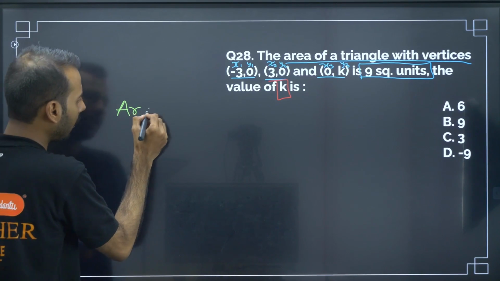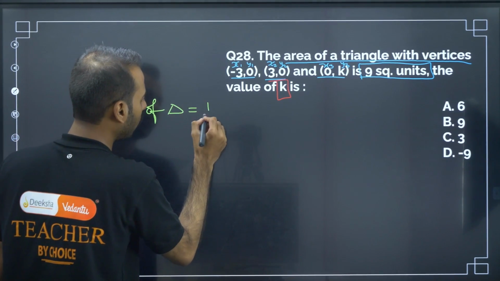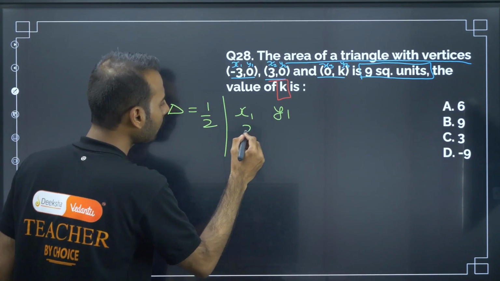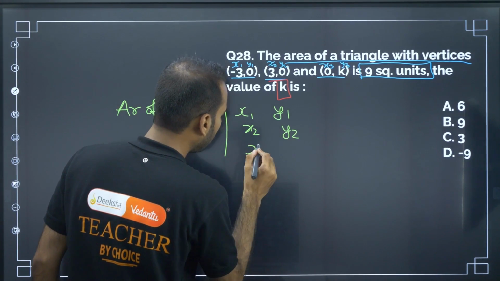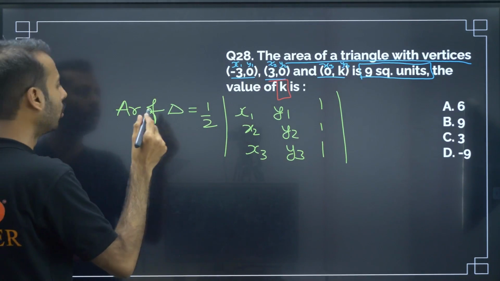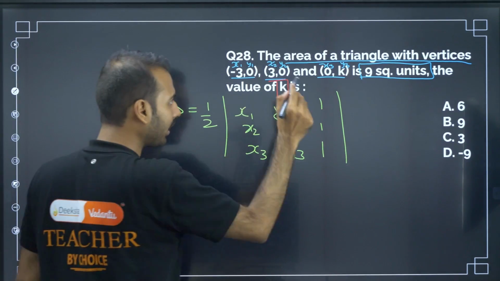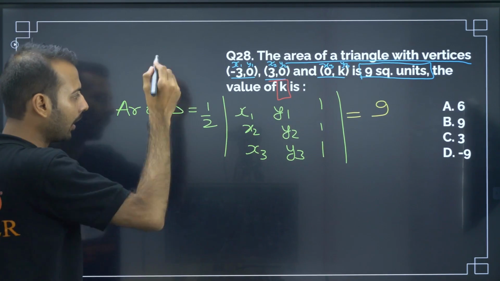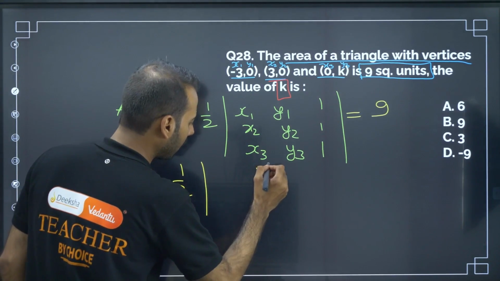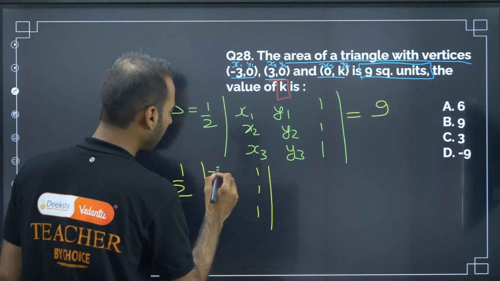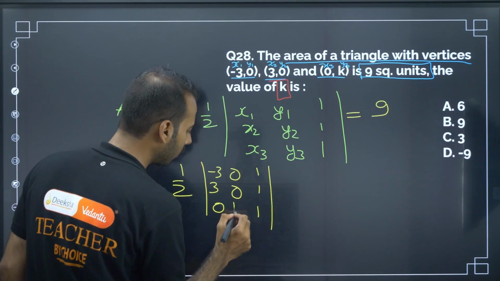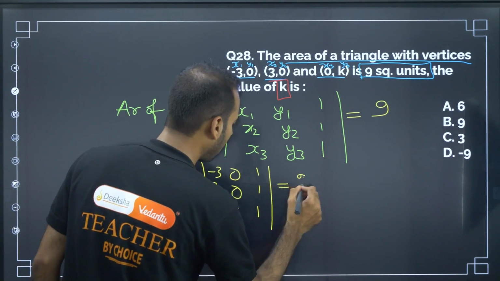So again I am writing, area of triangle is equal to 1 by 2 times the determinant x1 y1 1, x2 y2 1, x3 y3 1, which in this question is equal to 9 square units. Now I will write 1 1 1, minus 3 0 1, 0 k 1, is equal to 9.